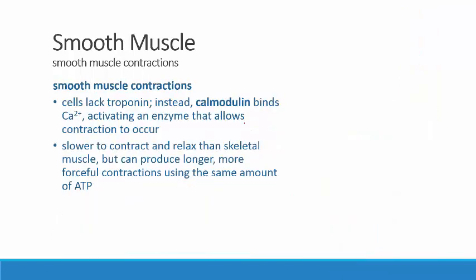Smooth muscle contractions are accomplished in a significantly different way, but the biggest difference is that rather than having troponin, they have a protein called calmodulin.